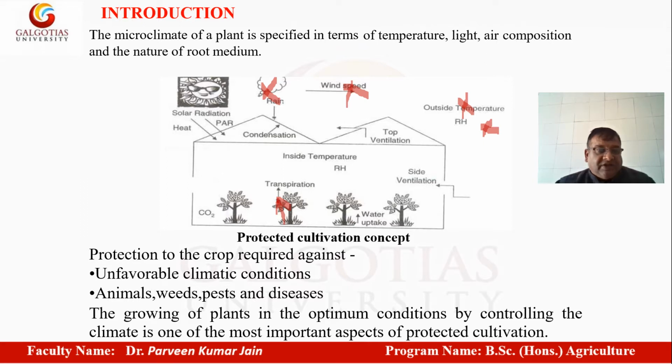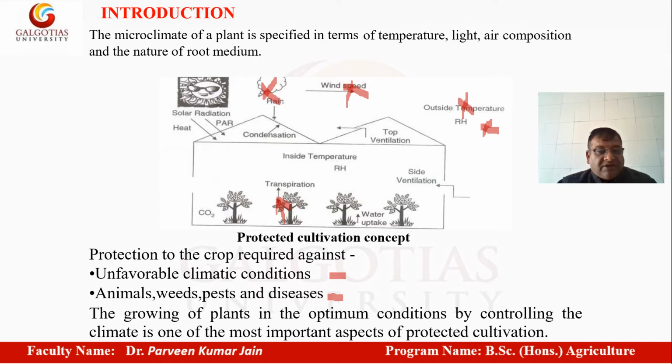As for water control, we are not using any irrigation or rainwater, so there is a drip system in this, and with its help we can use the water as per the requirement of the crop very precisely, and we can keep the crop always at field capacity. Now, protection of the crops is required against unfavorable climate conditions, animals, weeds, pests, and diseases.